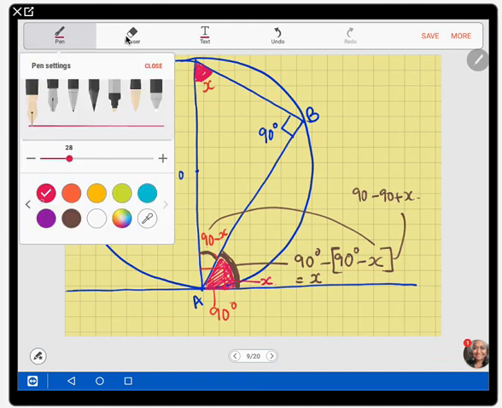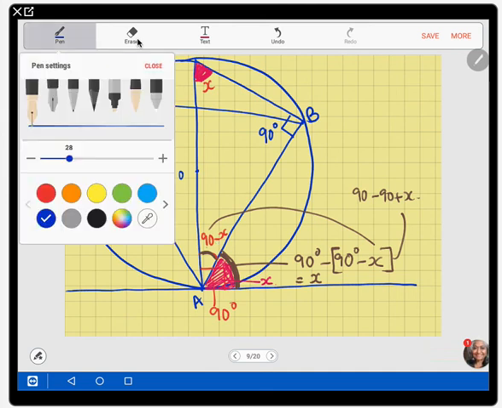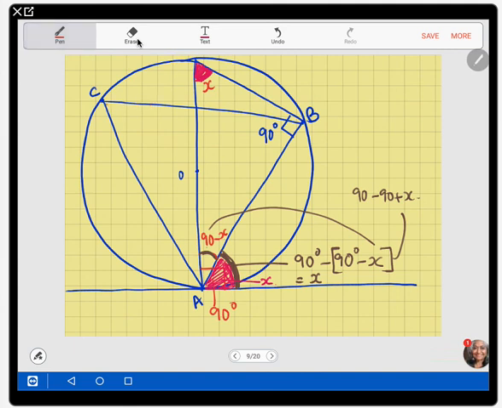And applying what we learned from the previous lessons, if I draw a circle here, a triangle here, given that we have the same chord here, nothing has changed, this angle here will be X as well, right?